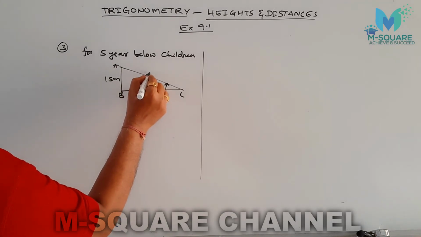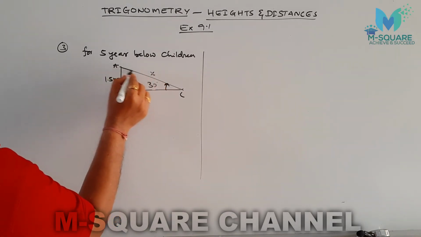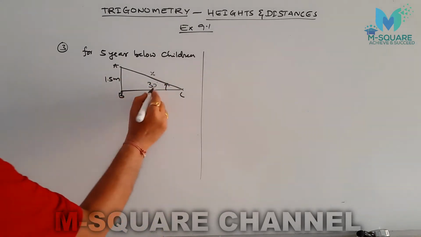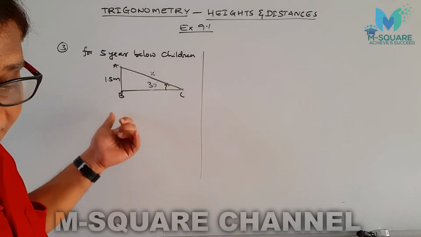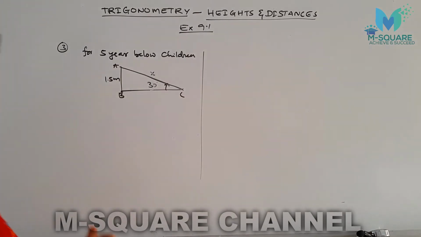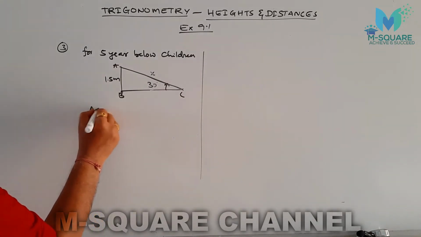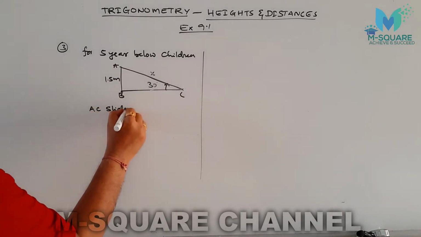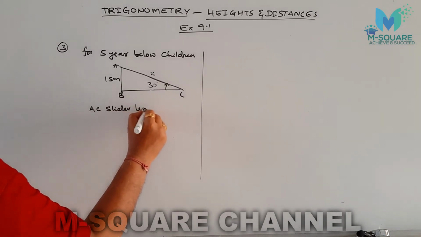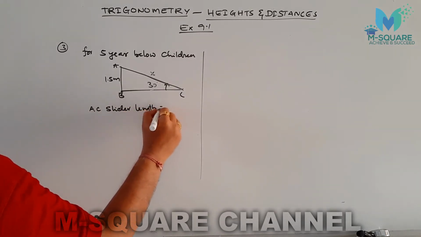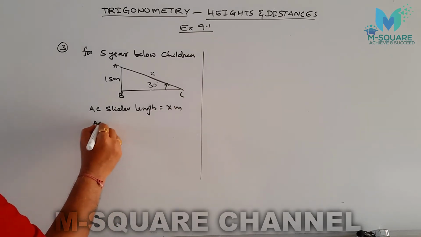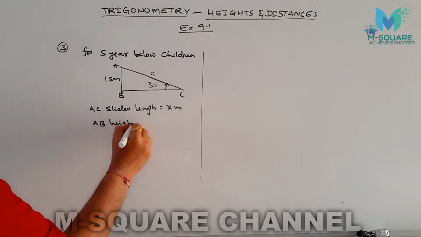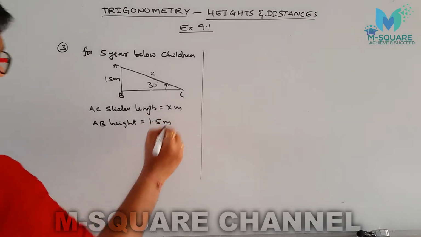We are going to find this x value, the slide AC. The slide length AC equals x meters, and the AB height equals 1.5 meters.